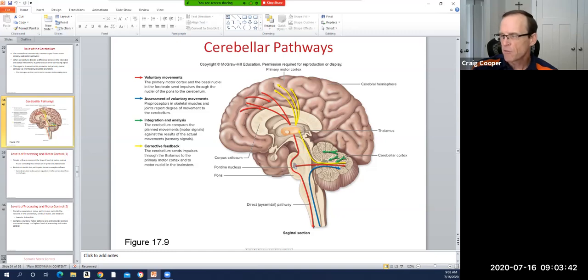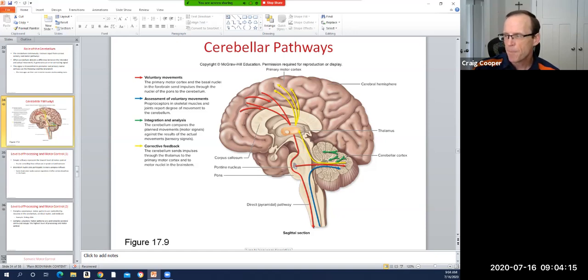Initially we've got this blue one coming into the cerebellum, receiving information from the body from the proprioceptors, the Golgi tendon organ and the muscle spindle: how much tension is going through that muscle, how much stretch we put on it, so that we know where we are in space, how bent my knee is, how much pressure is on the ball of my foot. That type of stuff goes in there. The pons also feeds in some information.